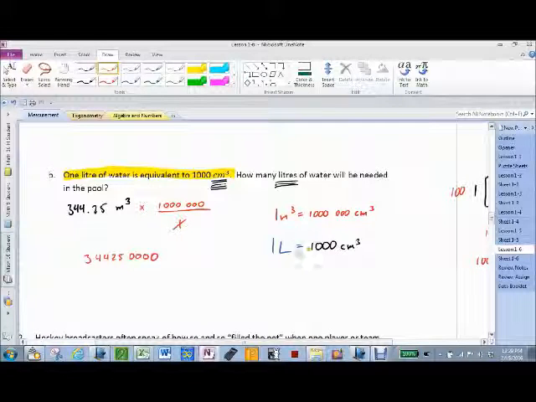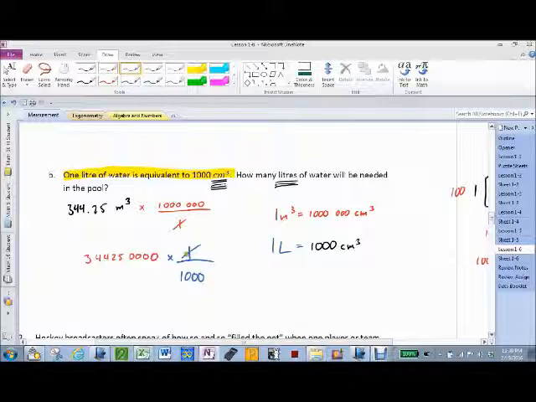What do I have to do here? What am I multiplying by? What do I want? Read the question. What do I want? Liters. So what goes on top? 1. 1 liter over what? 1,000. So the liter cancels.